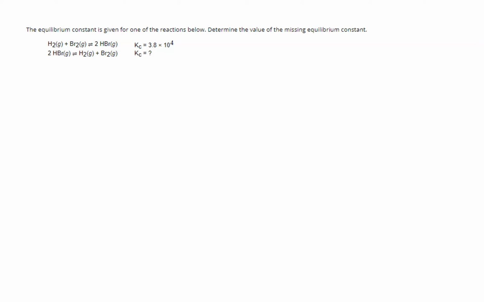We have our first reaction on top, hydrogen plus bromine is in equilibrium with two equivalents of hydrogen bromide, or hydrobromic acid. And this has an equilibrium constant of 3.8 times 10 to the fourth. And then we have a second one, where we have two equivalents of hydrobromic acid are in equilibrium with hydrogen gas and bromine.